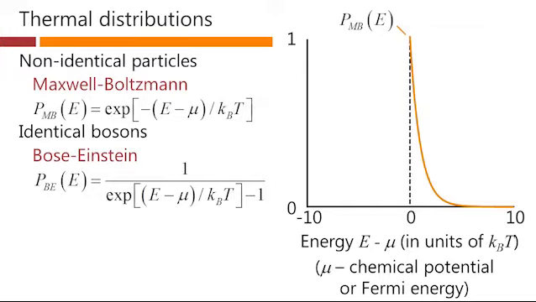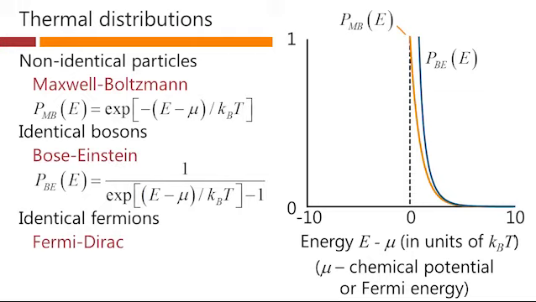And then this distribution is called the Planck distribution. Anyway, here's the form of this distribution. And here you see that for these positive energies, it rises and it keeps on rising. And it's rising faster as we go to smaller values here. It's rising faster than the Maxwell-Boltzmann distribution.